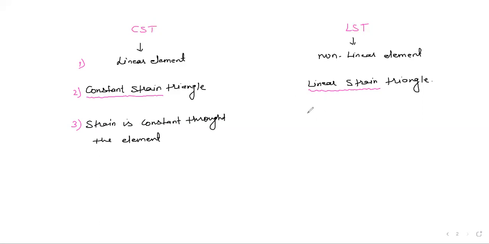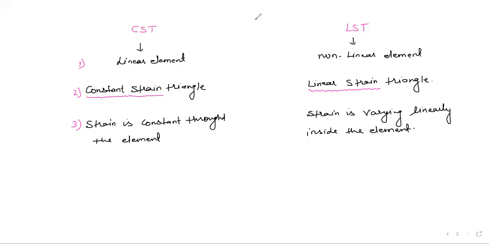And here, in LST, strain is varying linearly inside the element. So in this triangle, strain is going to be constant. In this triangle, the strain is going to be varying linearly.